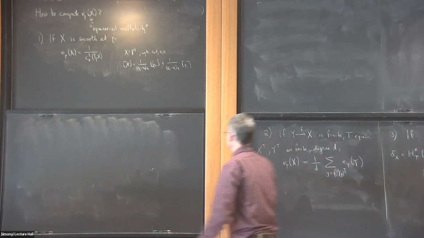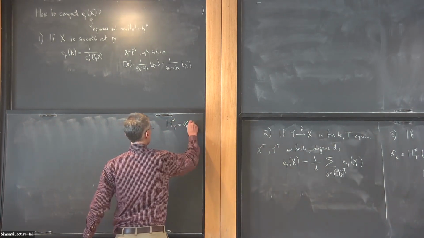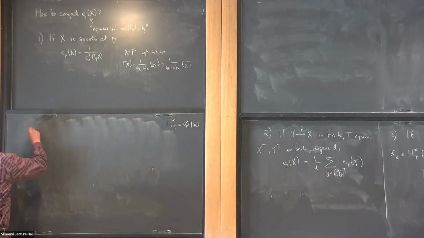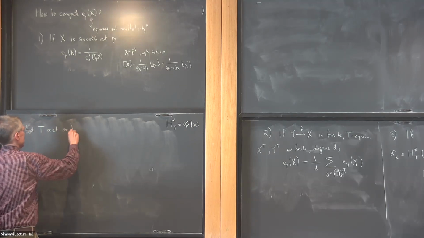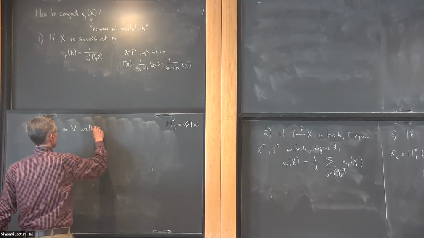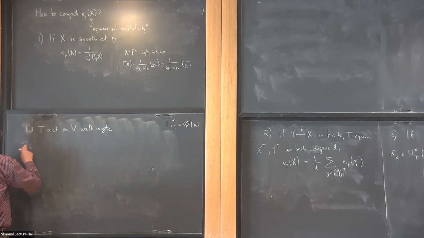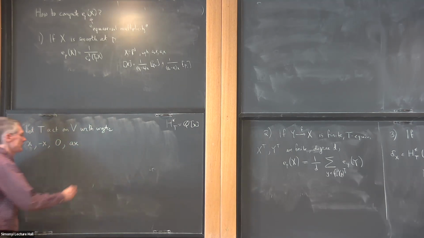So H star T is Q of x again. So let T act on V with weights x, minus x, 0, and a x, where a is just some integer here.